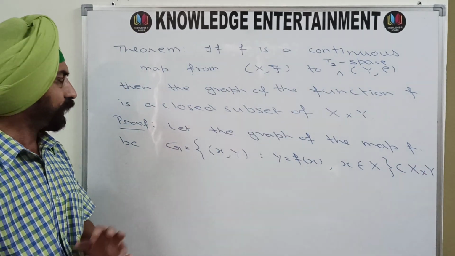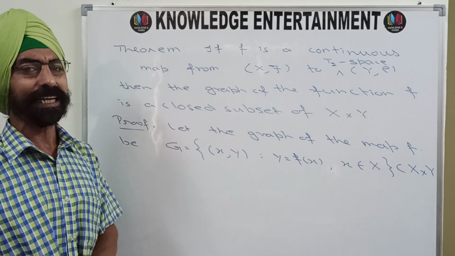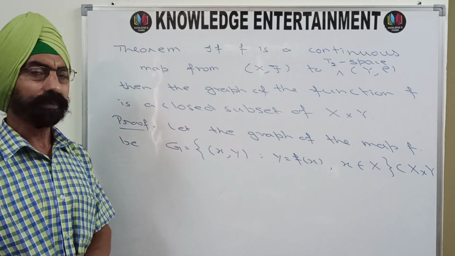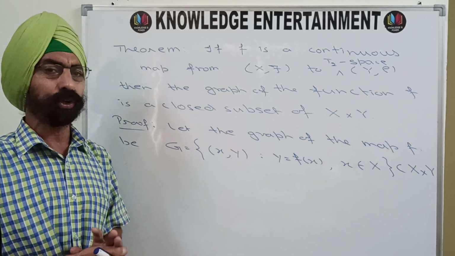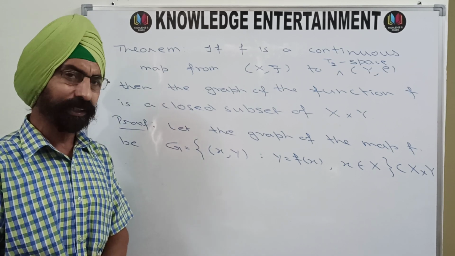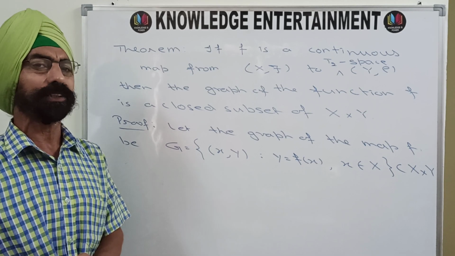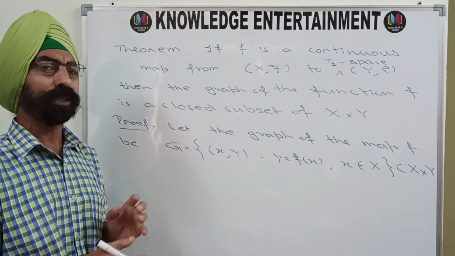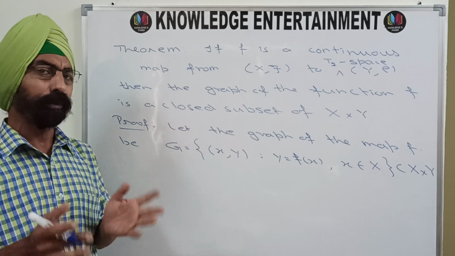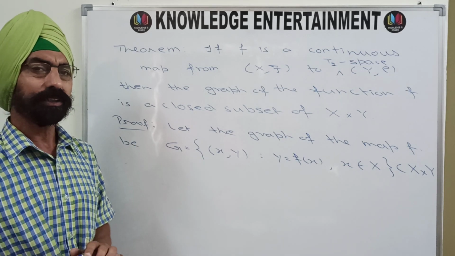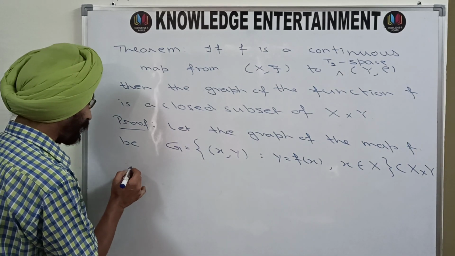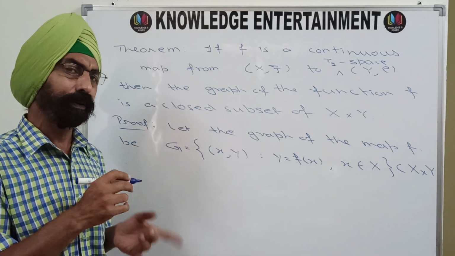Now what we have to prove? We have to prove that the set G is a closed set. Whenever we have to prove that a particular set is closed, it is better to prove that its complement is open. So we will not talk about the set G, but we will talk about the complement of the set G, and we will show that G complement, G dash, is open.